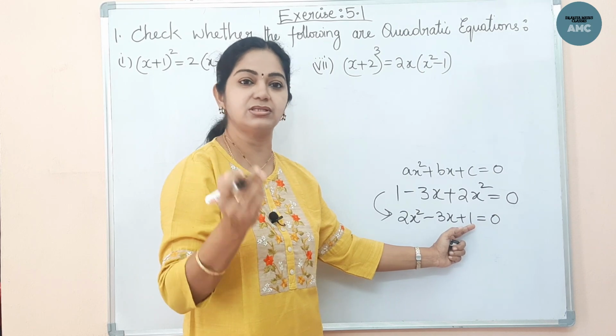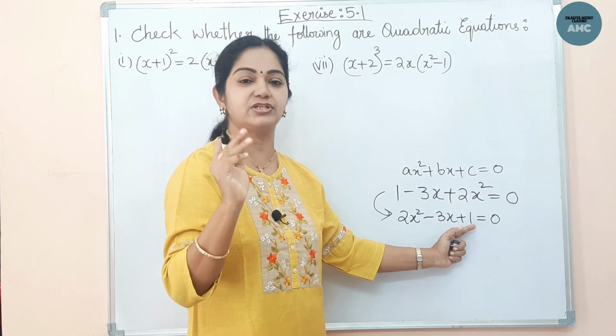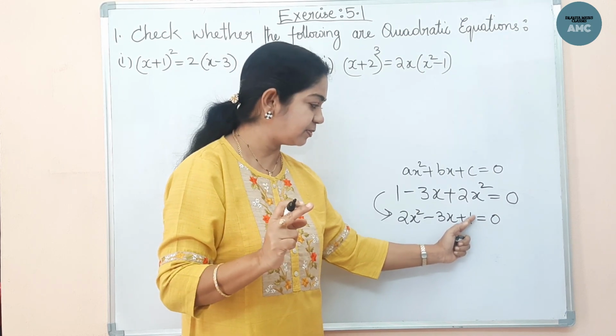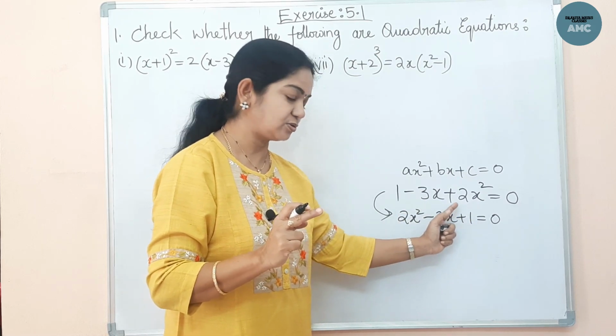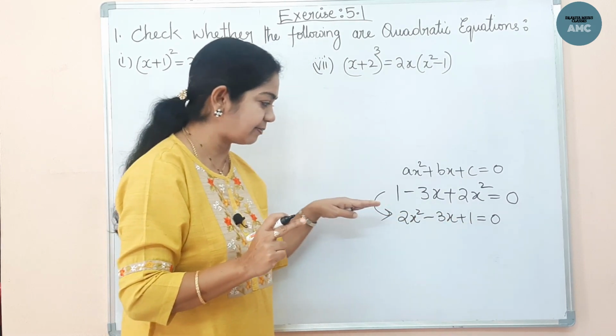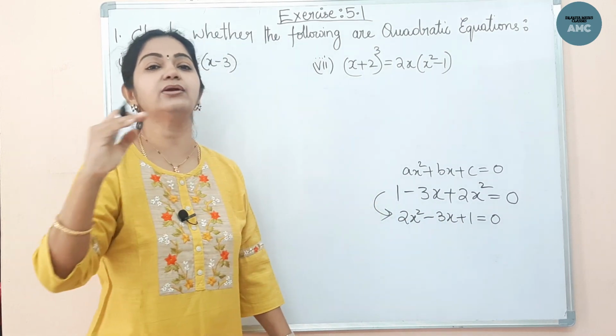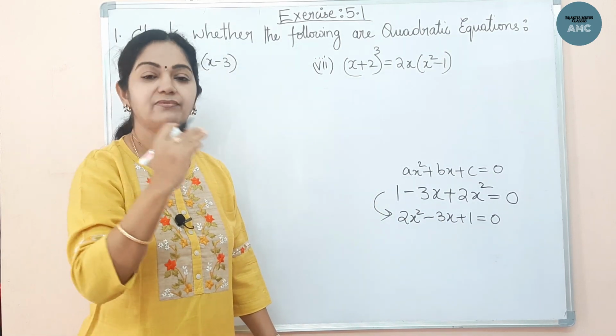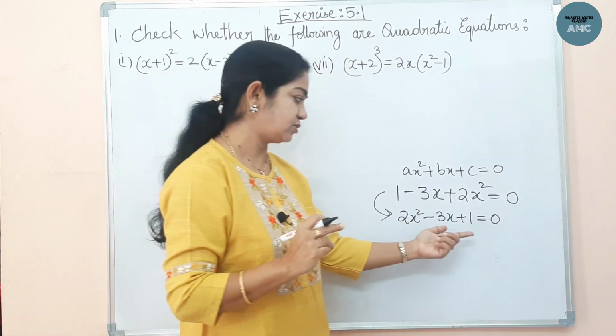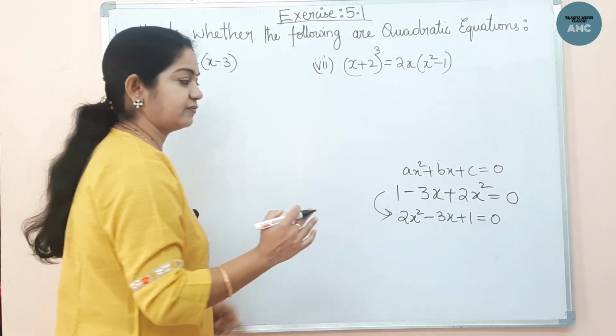Something to the power of 0 is 1, right? So x square, x to the power of 1, x to the power of 0. That means I am rearranging the terms in the descending order of the powers of the x variable. So after rearranging only we have to proceed.